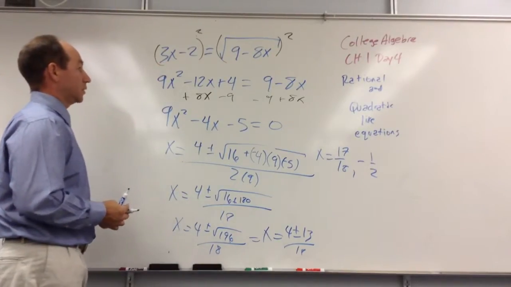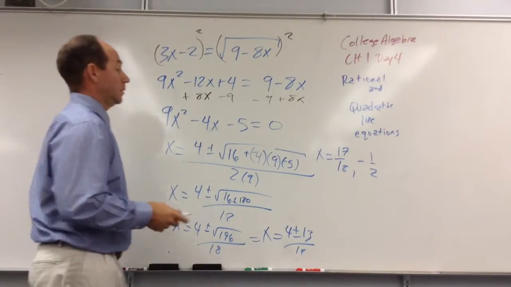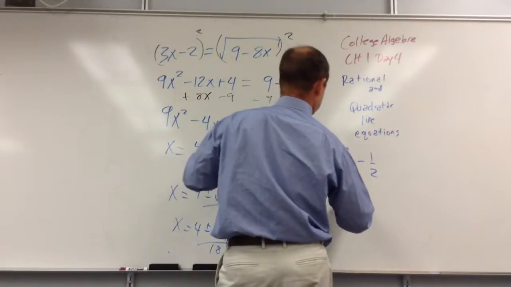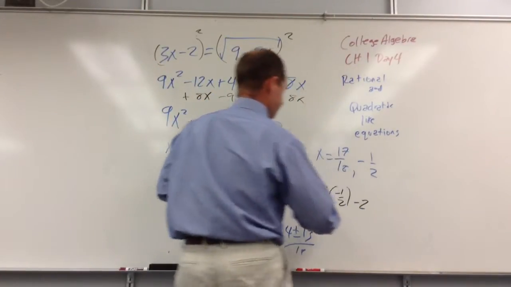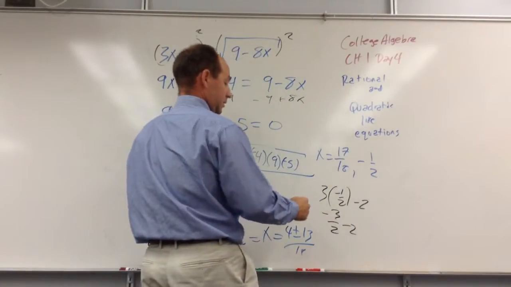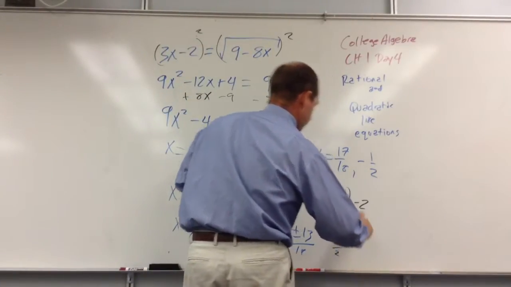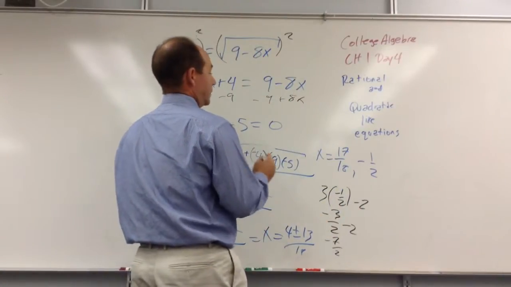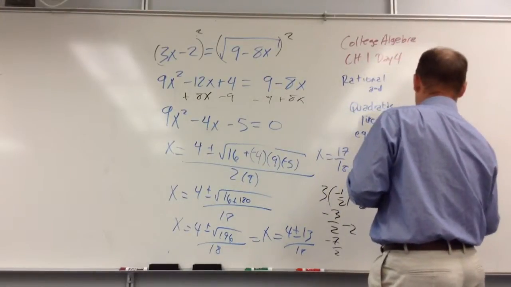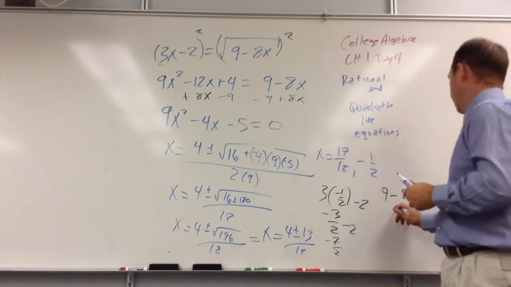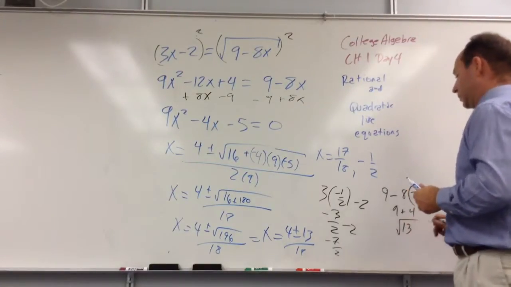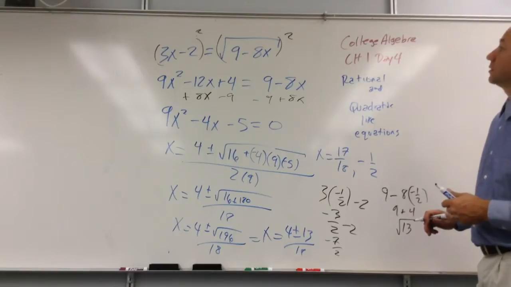That doesn't seem like it's working. 3 times negative 1/2 minus 2, negative 3/2 minus 2, is minus 7/2. Then 9 minus 8 times a negative 1/2 gives me a positive 4. 9 plus 4 is 13, so the square root of 13.